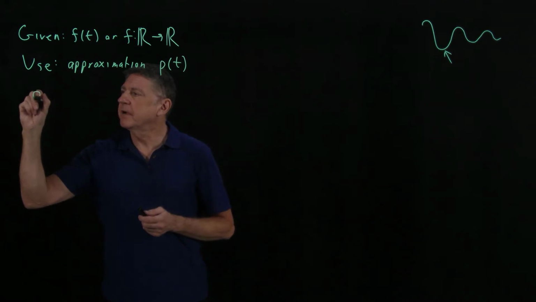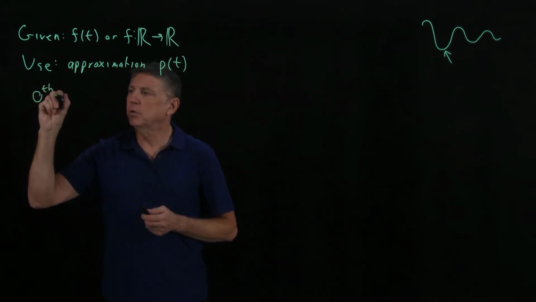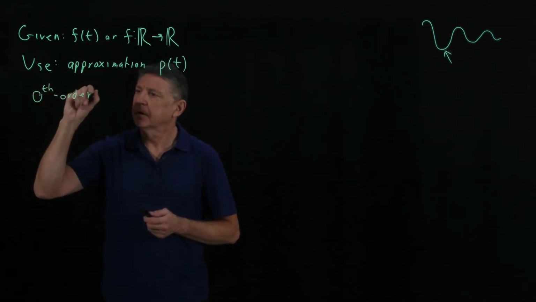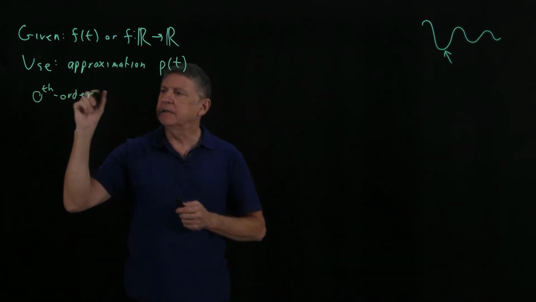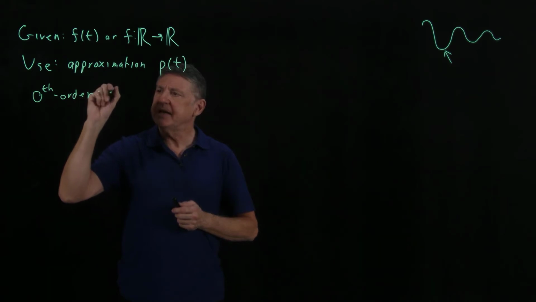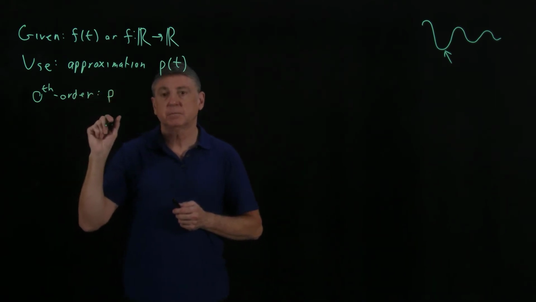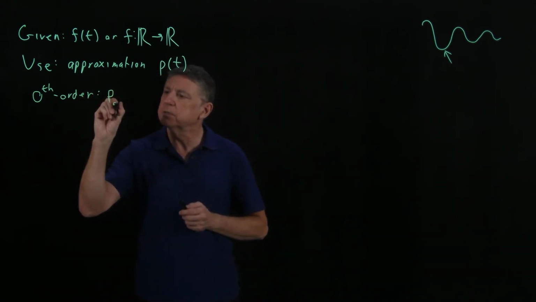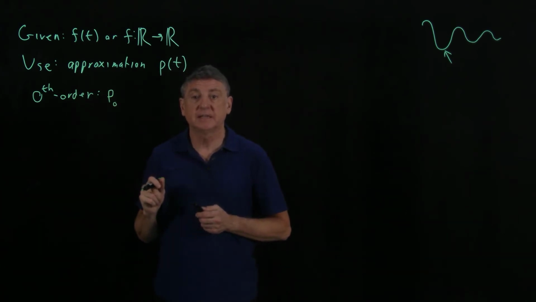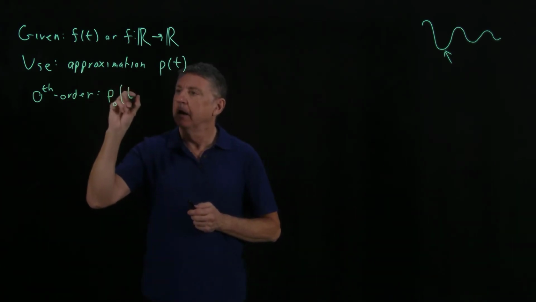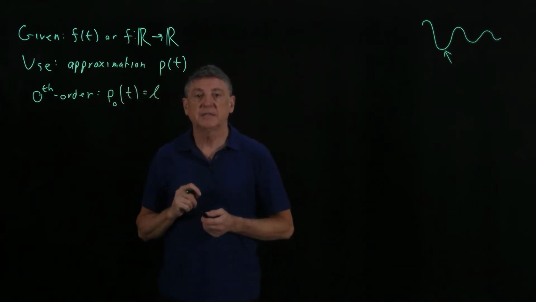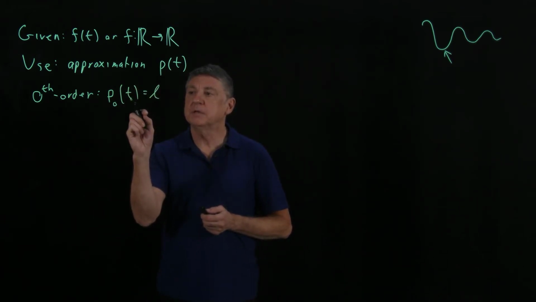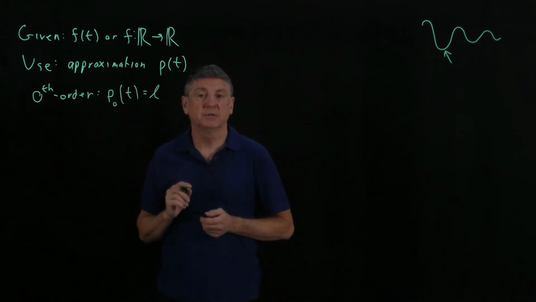The first thing we might consider is a 0th order approximation. And in that, what we're saying is the polynomial, and some sources will put a subscript 0 to indicate that there's a 0th order of t, and that would just be some level. That is, no matter what the argument is, this polynomial evaluates to a level.